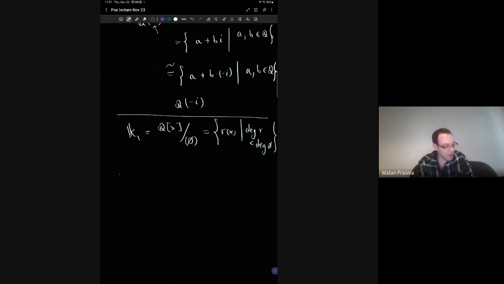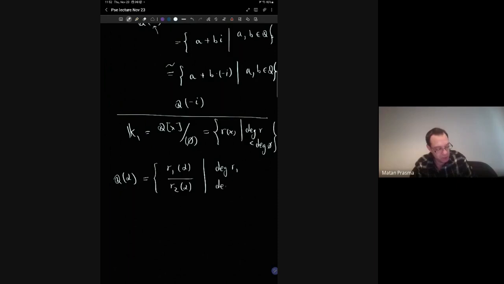And on the other hand, we have Q of alpha. But we took a description of Q of alpha as all the quotients R1 of alpha modulo R2 of alpha, such that basically the degree of R1 and the degree of R2 are smaller than the degree of phi.